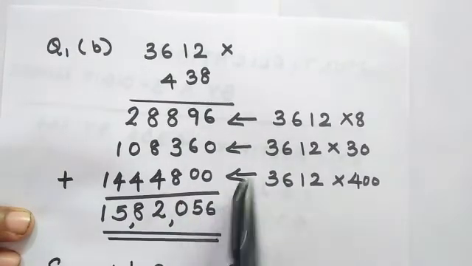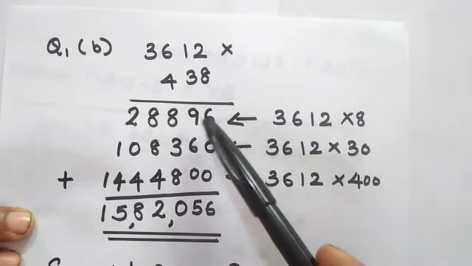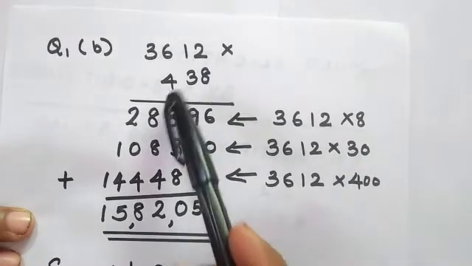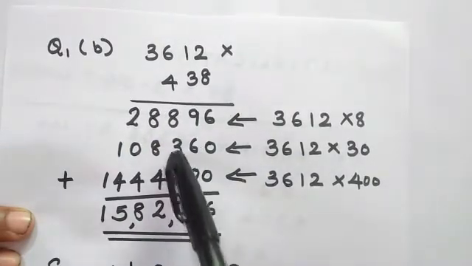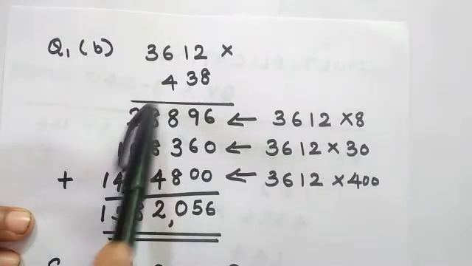We will get 6 plus 0 plus 0, 6. 9 plus 6, 15. 5, 1 balance. 8 plus 1, 9, plus 3, 12, plus 8, 20. 0, 2 balance.